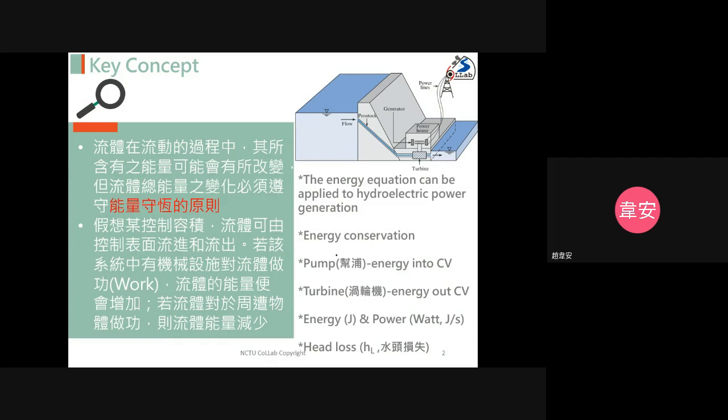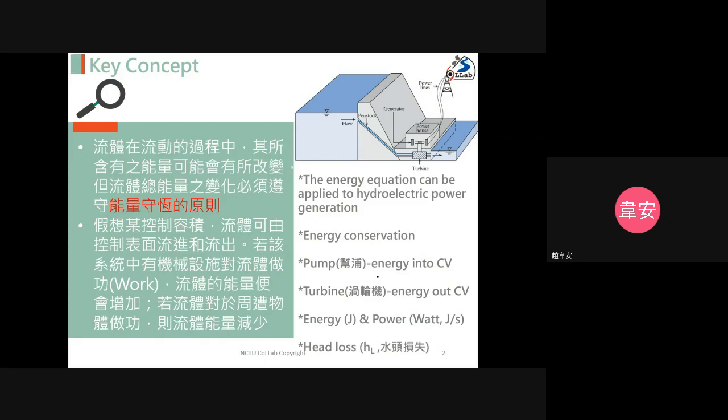There are many topics we will focus on, such as the pumps and the turbine. Since we introduce the energy equations, we will also tell you what the power equations are.